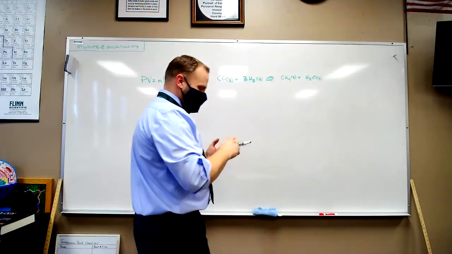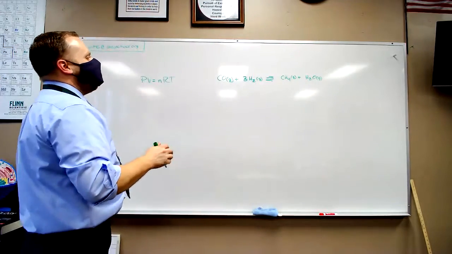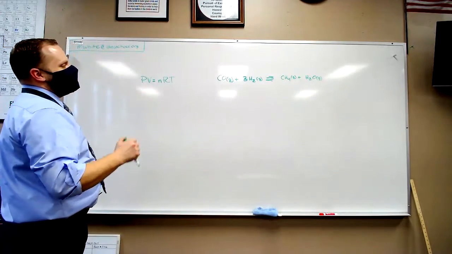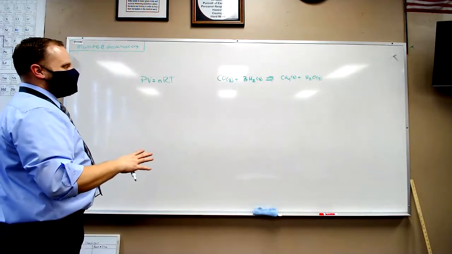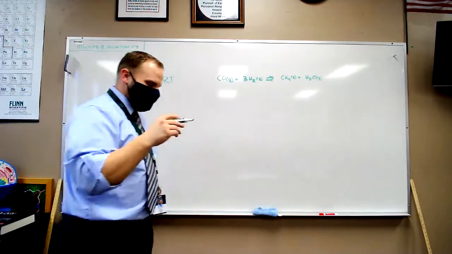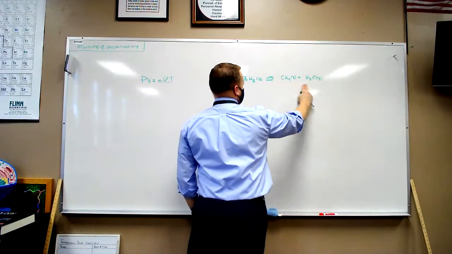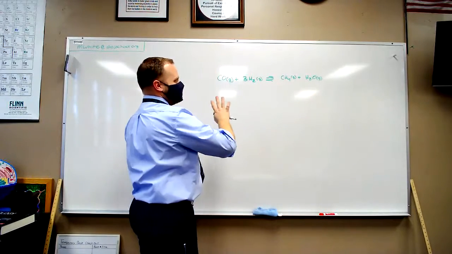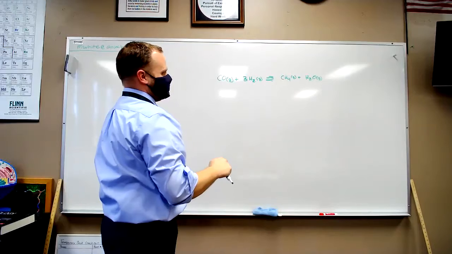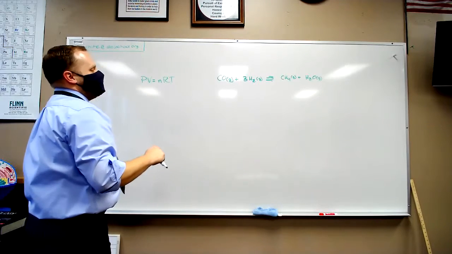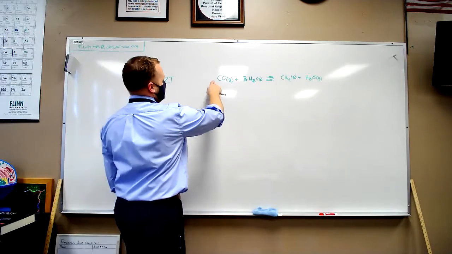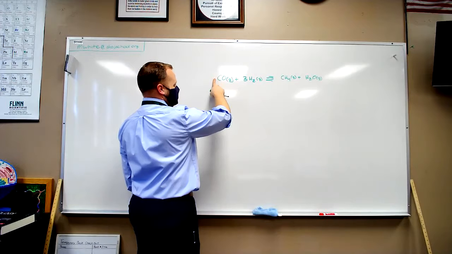When we are dealing with this, what we need to do is add up the total number of moles of gas on our reactant side and our product side, based off of the balanced equation. So here we have 1 implied.